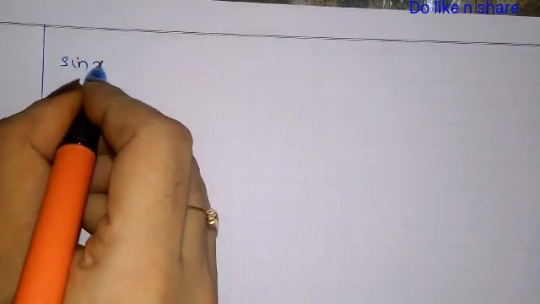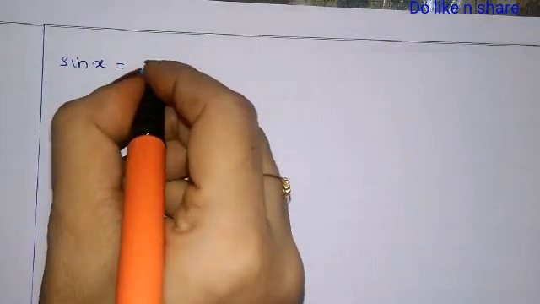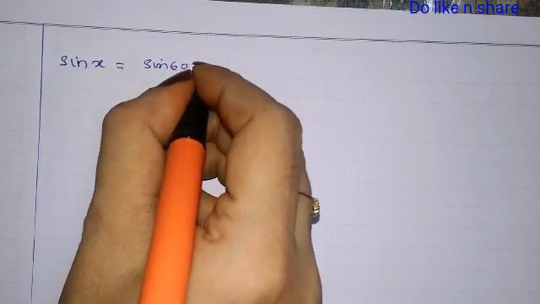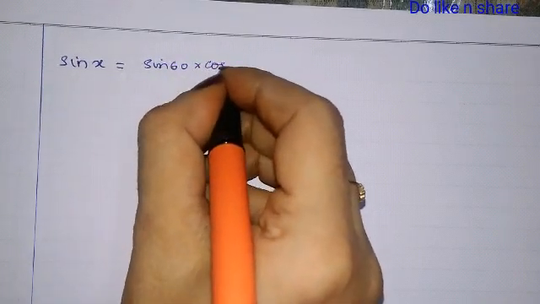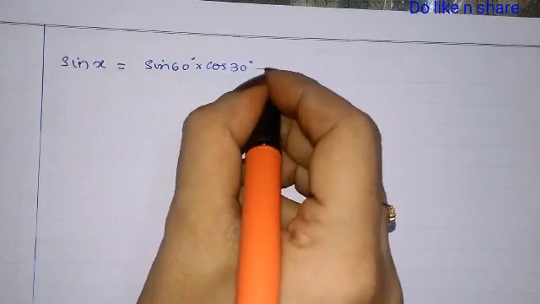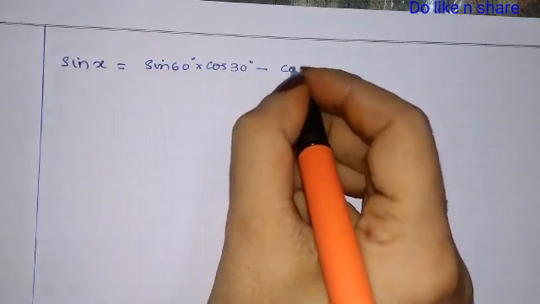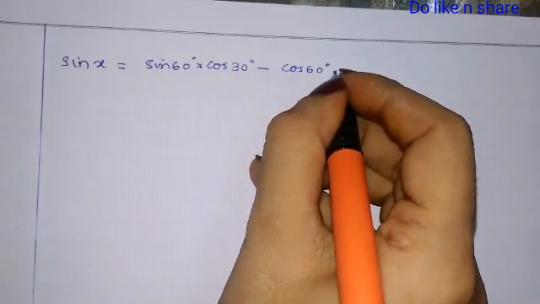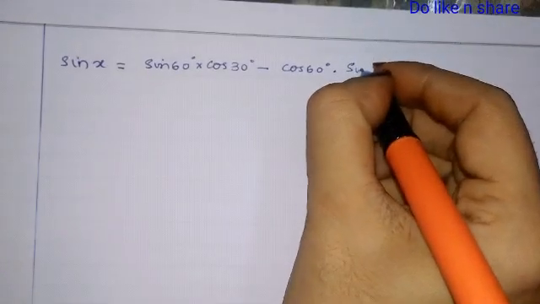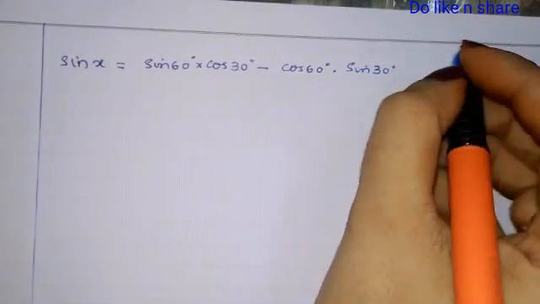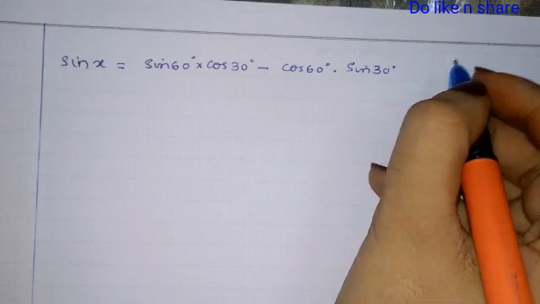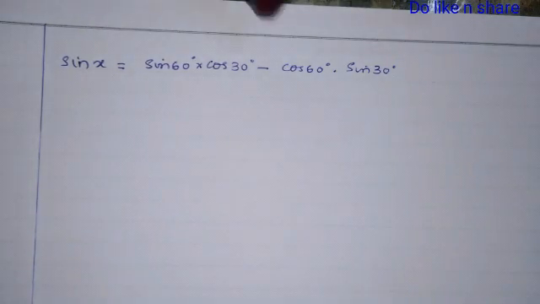The question is sin x is equal to sin 60 into cos 30 minus cos 60 into sin 30. Find the value of x. Okay, we have to find the value of x.